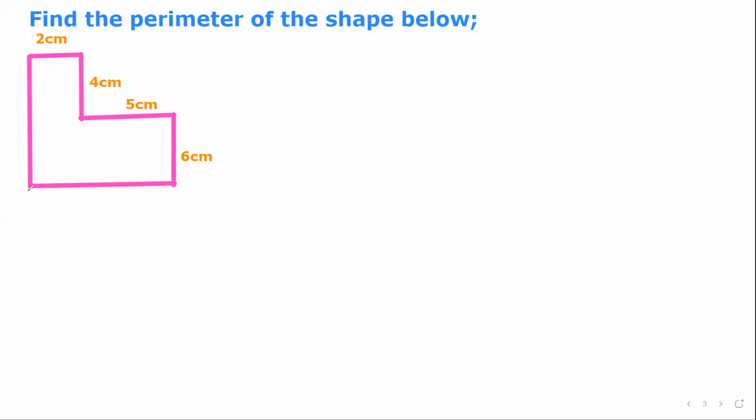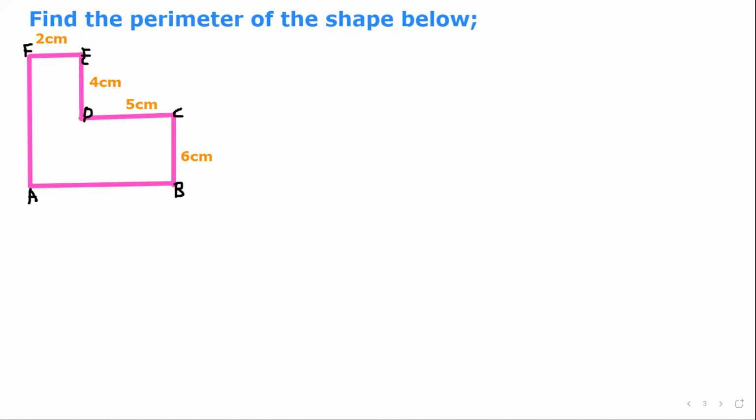So before then, let's label the joint. We have A, B, C, D, E, F.